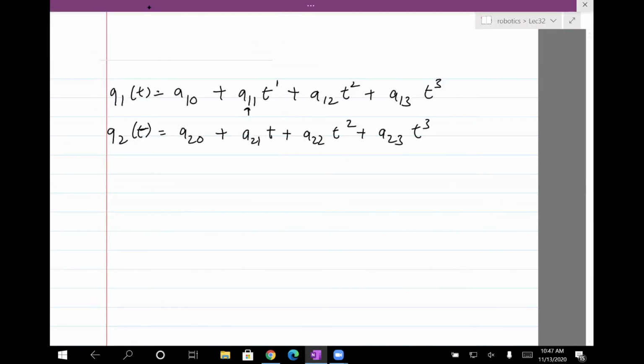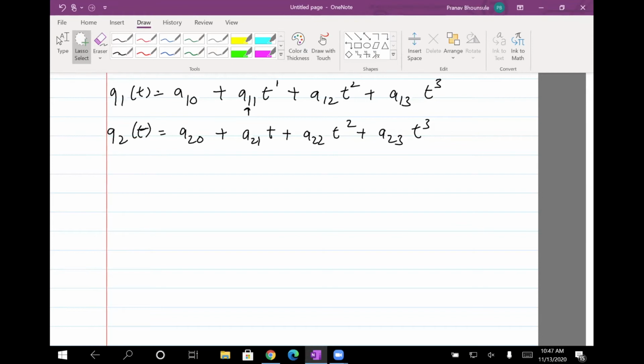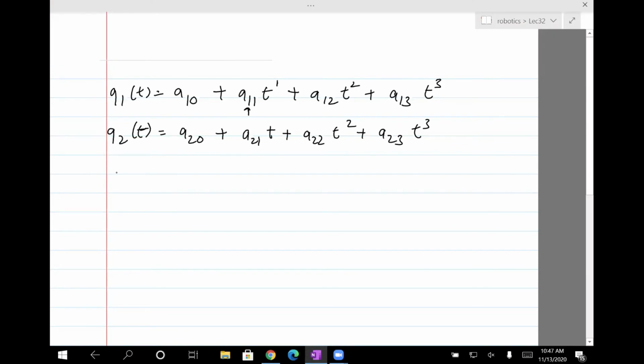Okay, so let me take the derivative. So q1 dot of t is going to be a10, sorry, the derivative of a constant is 0, so that won't be there. A11 plus 2 a12 t plus 3 a13 t square.